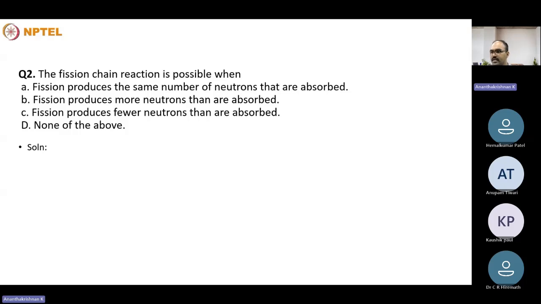The second question. Right. Option B is right.